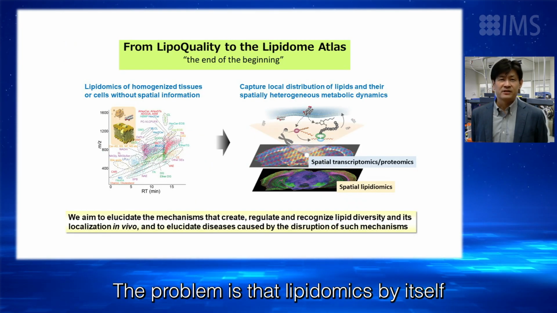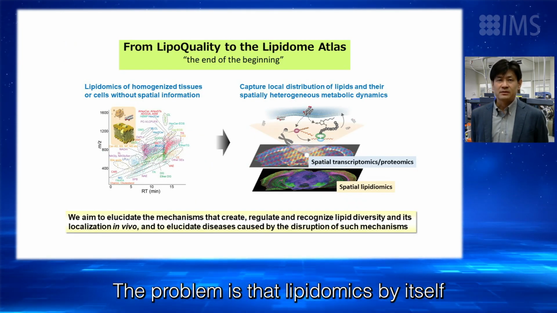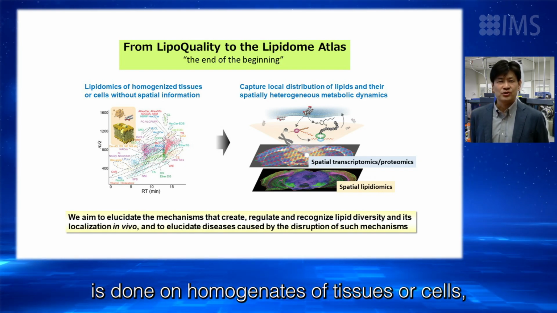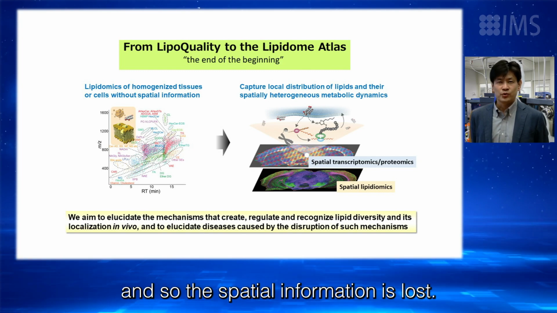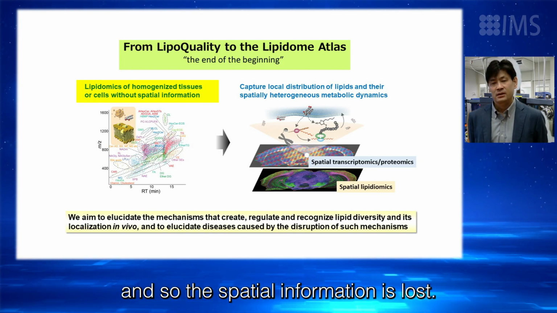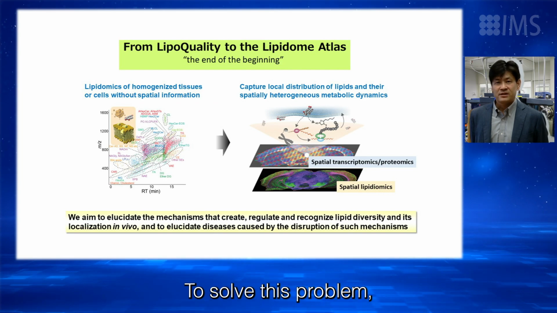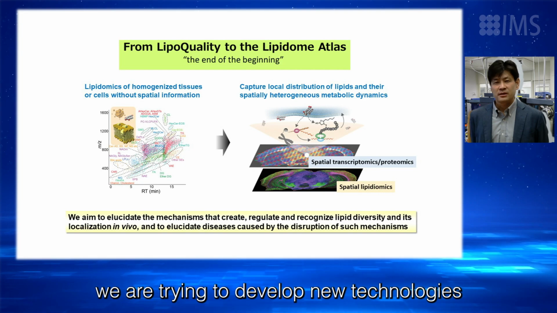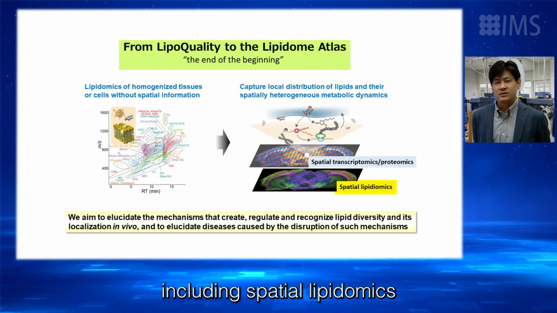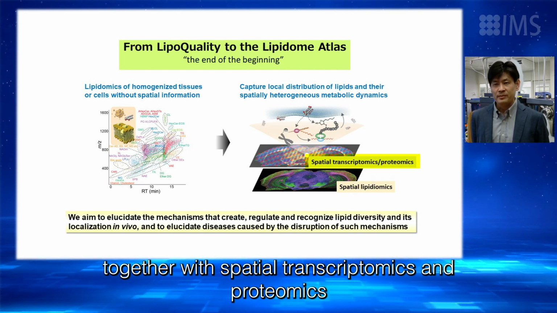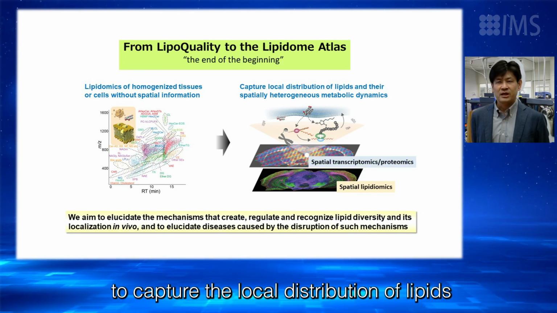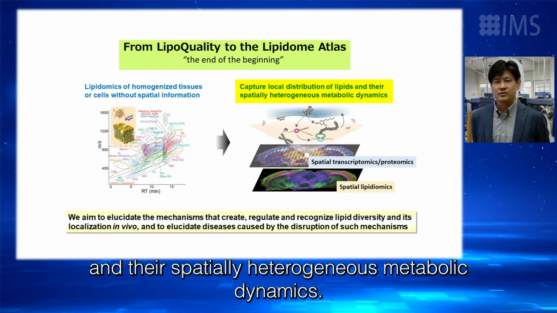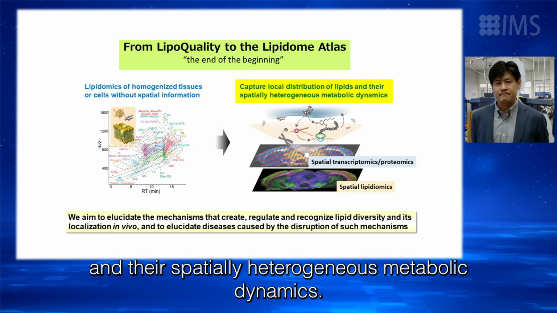But the problem is that lipidomics by itself is made from homogenates of tissues or cells, and that loses the spatial information. To cover this point, we are now trying to develop a new technology, including spatial lipidomics together with spatial transcriptomics and proteomics, to capture the local distribution of lipids and their spatially heterogeneous metabolic dynamics.